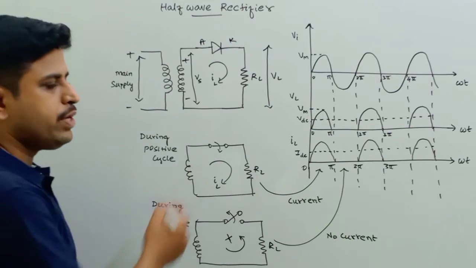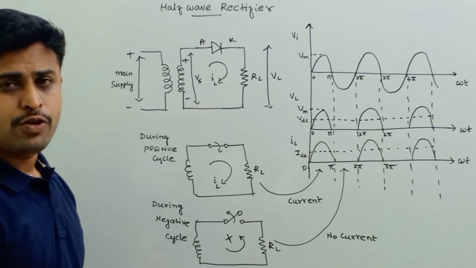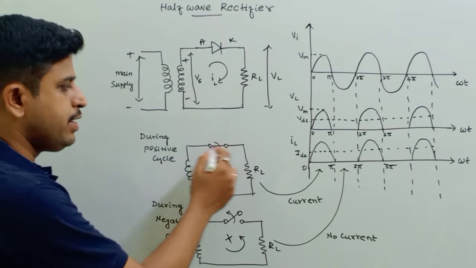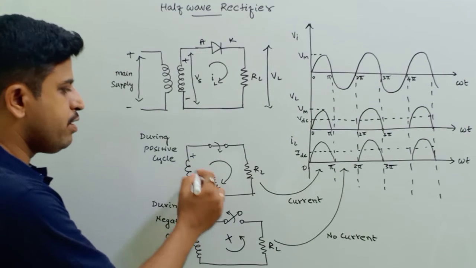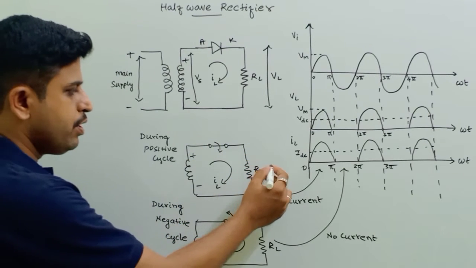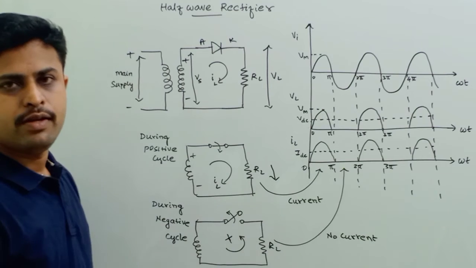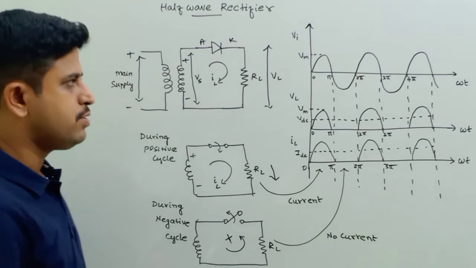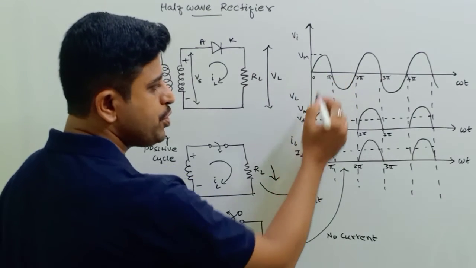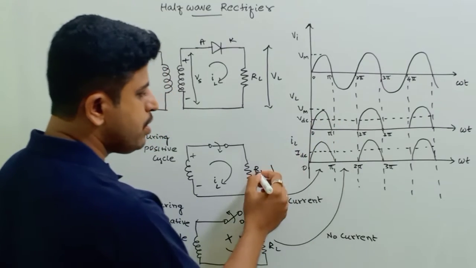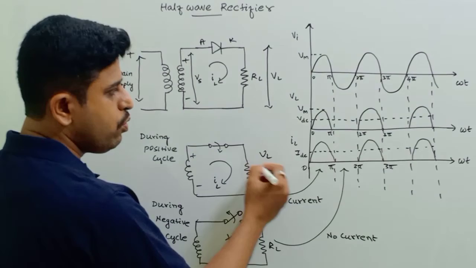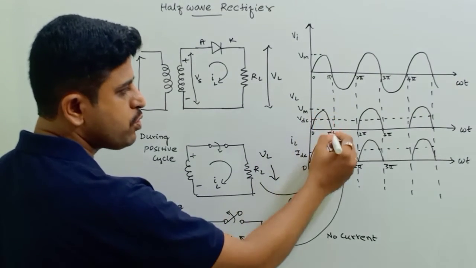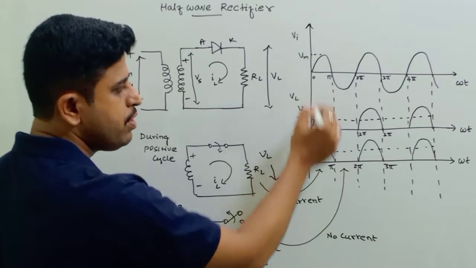You can see here the diode is acting as a short circuit, as a switch on. Because of this, the current will flow from positive to negative in this direction through the load resistance. That's why the complete positive half cycle appears at the load. So the load voltage VL will get this positive half cycle that we have at the input.